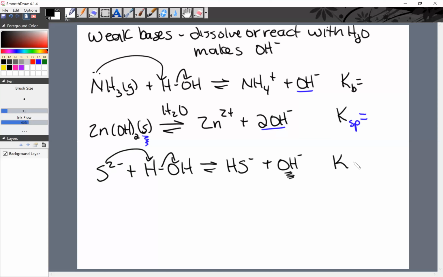All right, it is producing a hydroxide, and this one is going to be a Kb because it was not a solid being dissolved. And if you'll notice, this could react again to put another proton on.